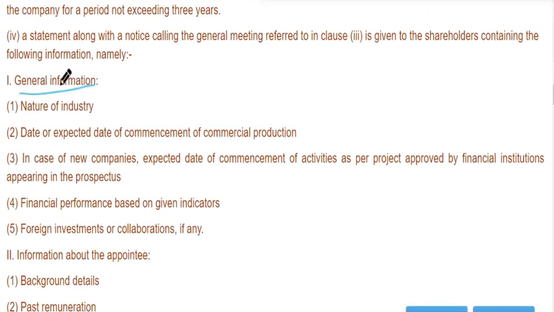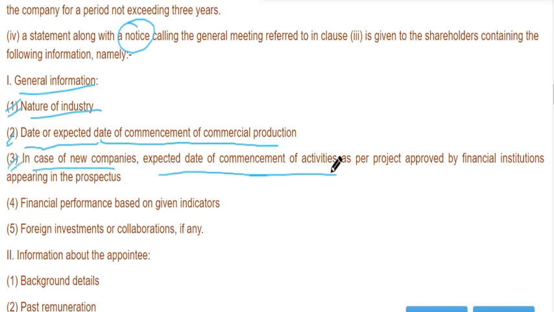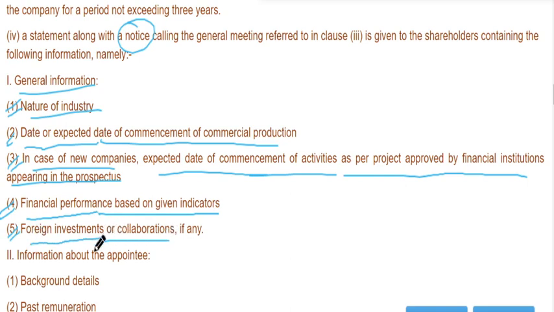The notice contains general information: nature of industry, expected date of commencement of commercial production in case of new companies, expected date of commencement of activities as per project approved by financial institution appearing in the prospectus, financial performance based on given indicators, foreign investment or collaborations, if any.